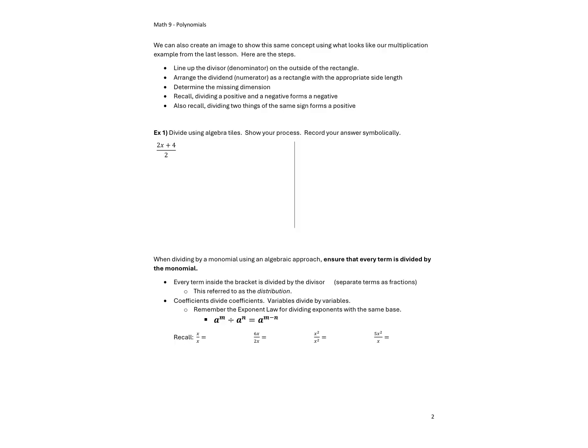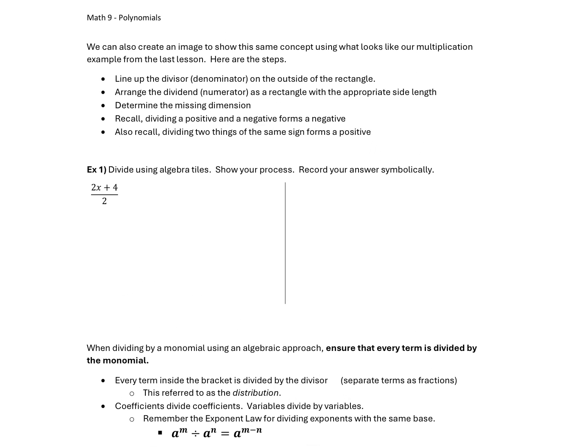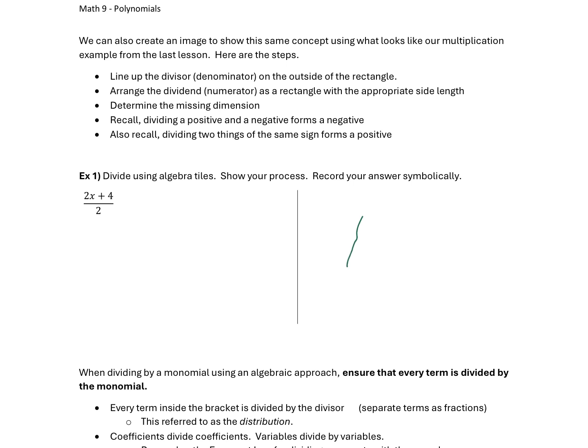So this is kind of where we get into that other piece of how we would draw that. It's going to come in a second. You'll see what I mean in a moment. So we can also think about this in terms of what we did with multiplying, where we're going to create some sort of rectangle.